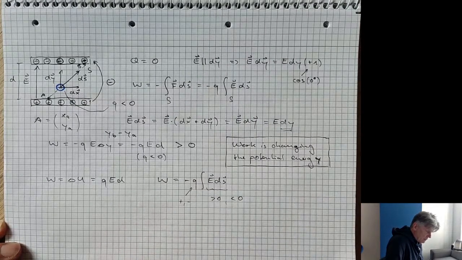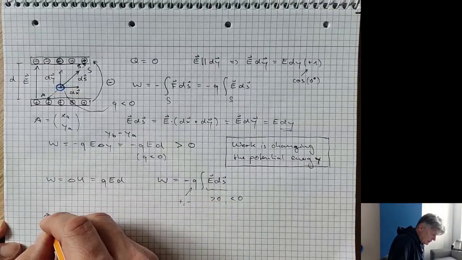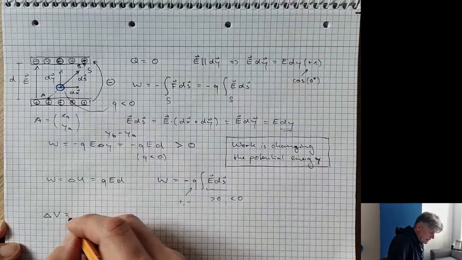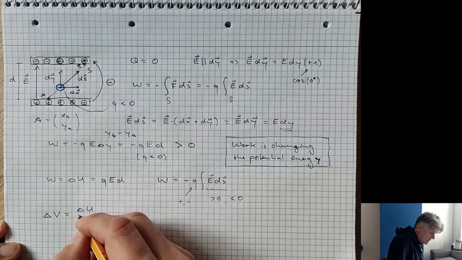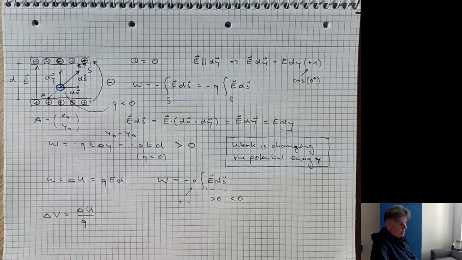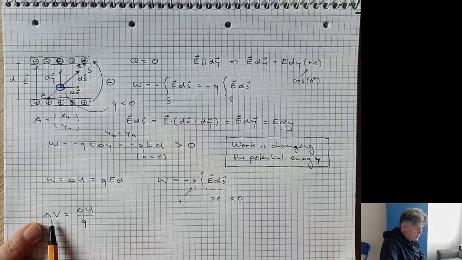Okay. So then we introduce the potential. So what is this? A potential difference, dV, is the change in the potential energy per charge. So you can think of this being the change of potential energy per unit charge.